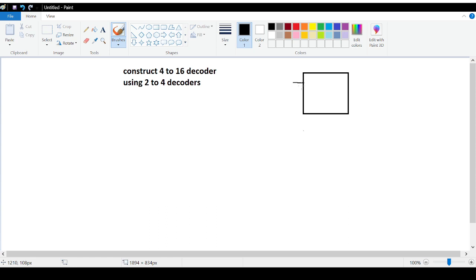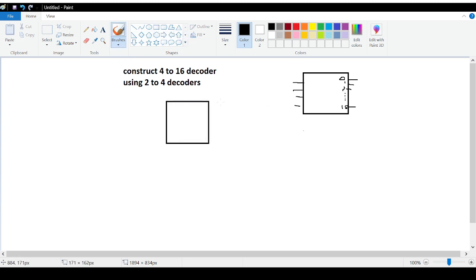And how many outputs? 16 outputs. So from line number 0, 1, 2 up to line number 15. Okay, so 16 outputs. Alright, so now a 2 to 4 decoder.